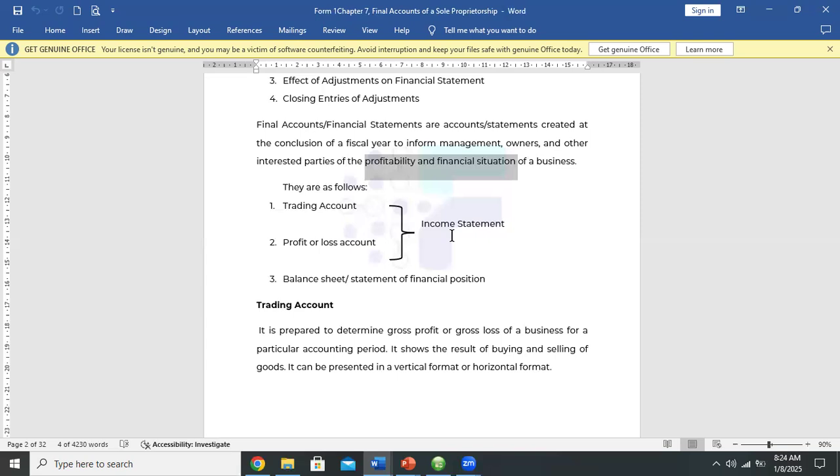And note that the trading account will only be prepared for a sole proprietor who is buying and selling goods, or who is a trader. If the person is rendering services, you can't prepare a trading account. So take note of that. Let's pick the trading account and look at it in detail.